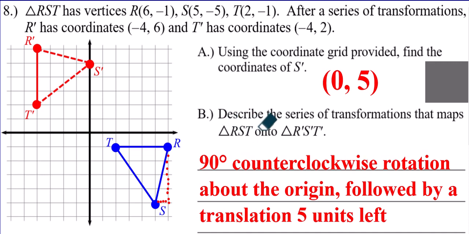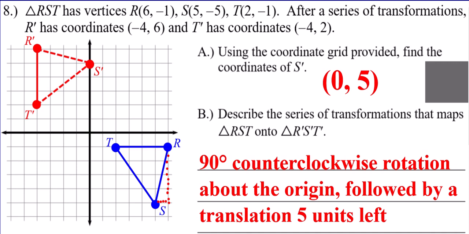Now, you might be wondering, Mr. Underkoffler, could there be more than one answer? Could I do a 90 degrees counterclockwise rotation about like point T and then do a translation 1, 2, 3, 4, 5, 6 to the left and 1, 2, 3 up? My answer is yes, you could, but that would be a lot more complicated. So if you want to work smarter, not harder, then stick to the center of rotation being about the origin.